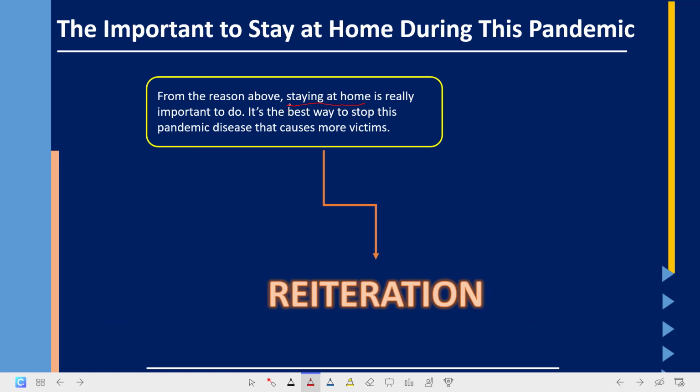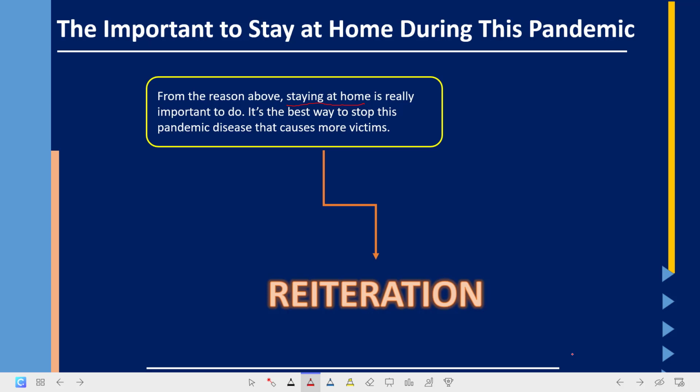And here the writer restates the topic again: staying at home is really important to do, and gives more information or strengthens the conclusion by saying it's the best way to stop this pandemic disease that causes more victims. Okay, these are the examples of the generic structures of analytical exposition.